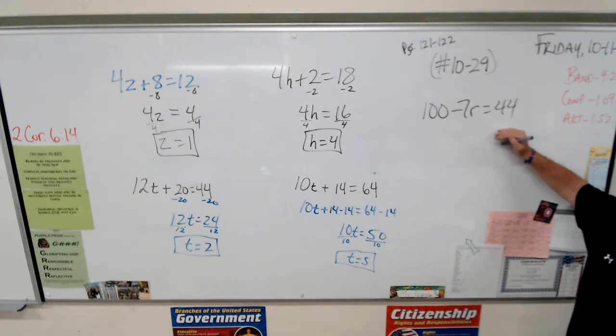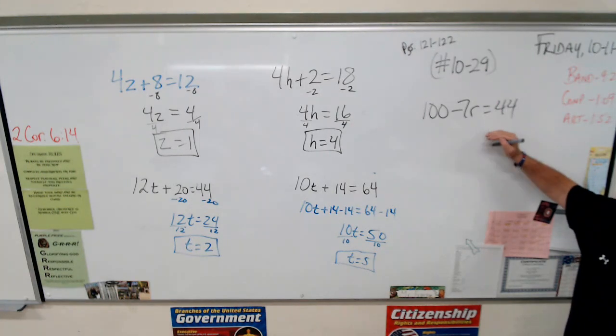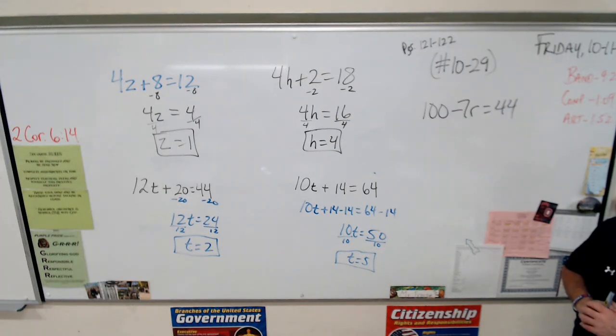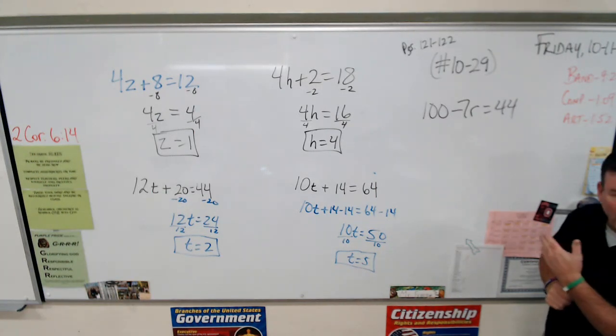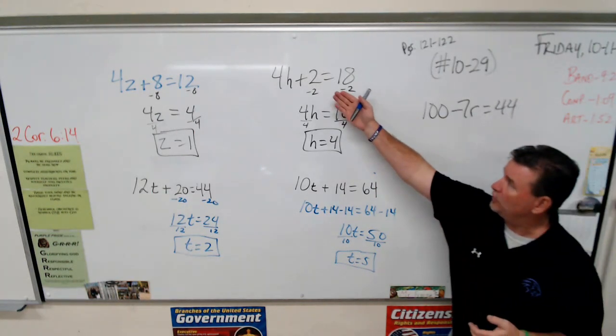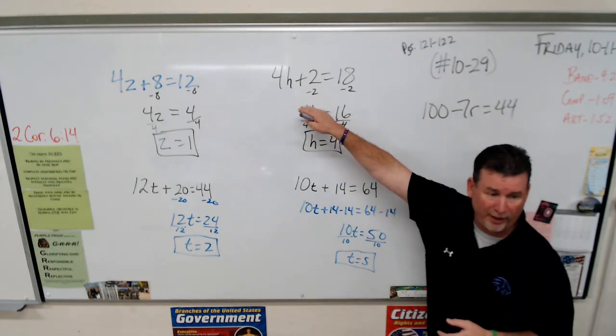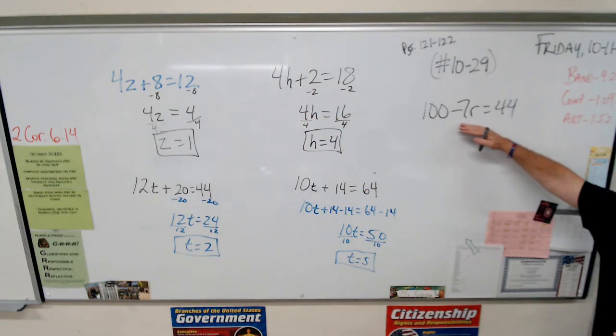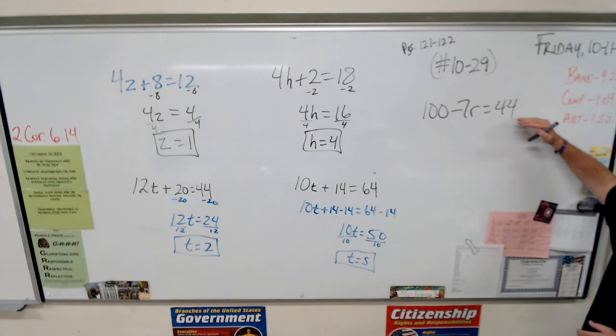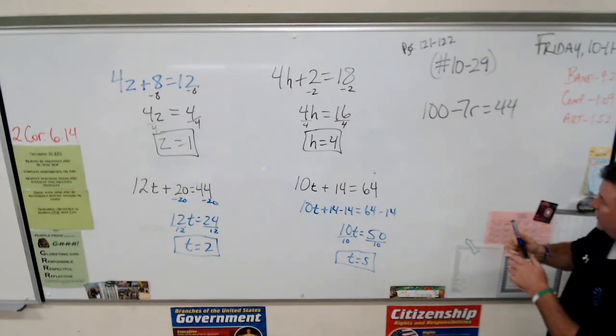Is it true that I could add 7r to both sides and it would still be equal? If it really annoyed me, like Bella, I could add 7r to both sides to make it positive. This is what that would look like.